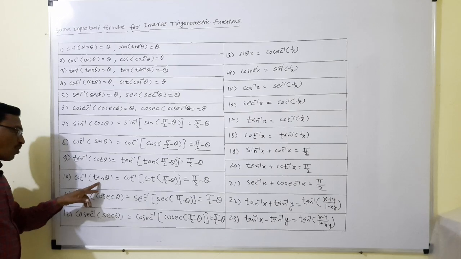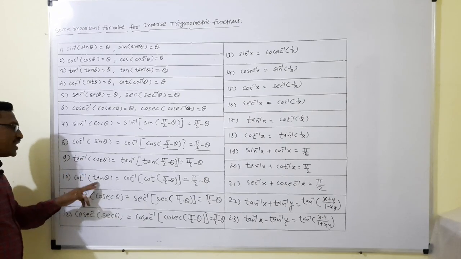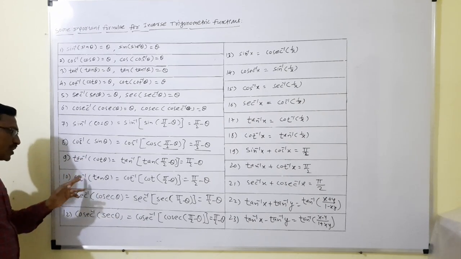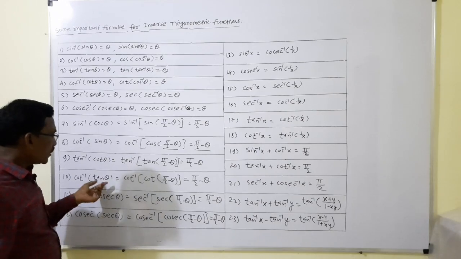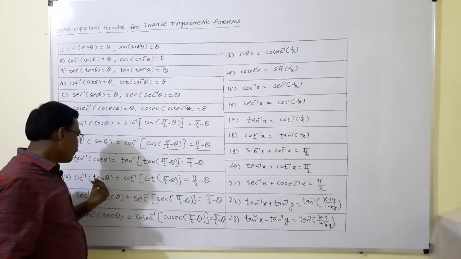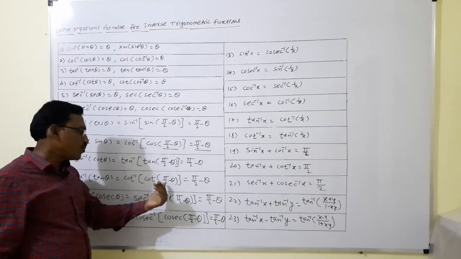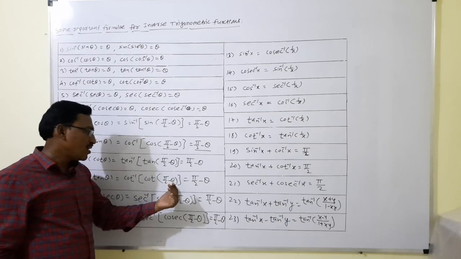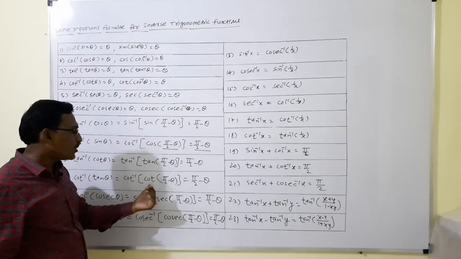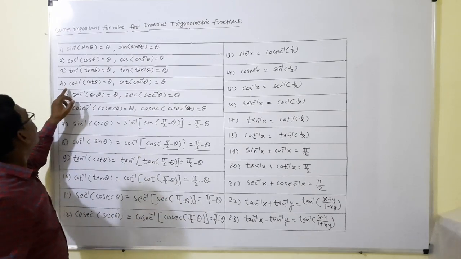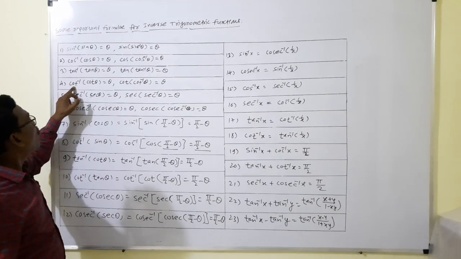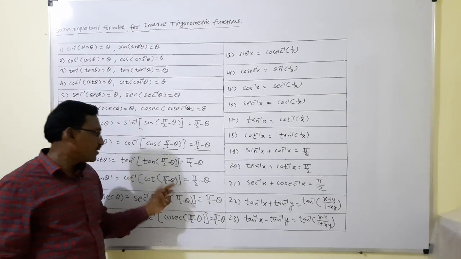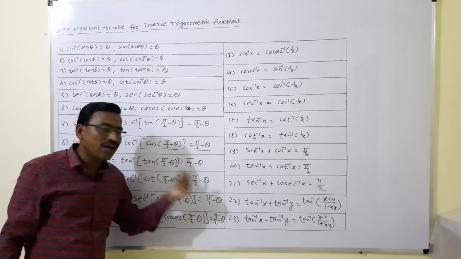Again we convert this tan theta into cot by pi by 2 minus theta, and so it is cot inverse of cot theta, by formula number 4, it is theta only, theta means here it is pi by 2 minus theta.